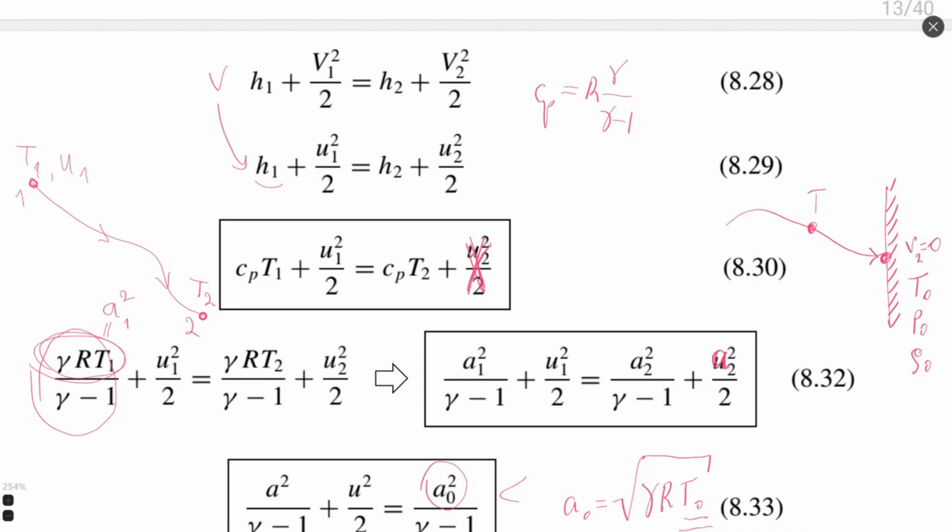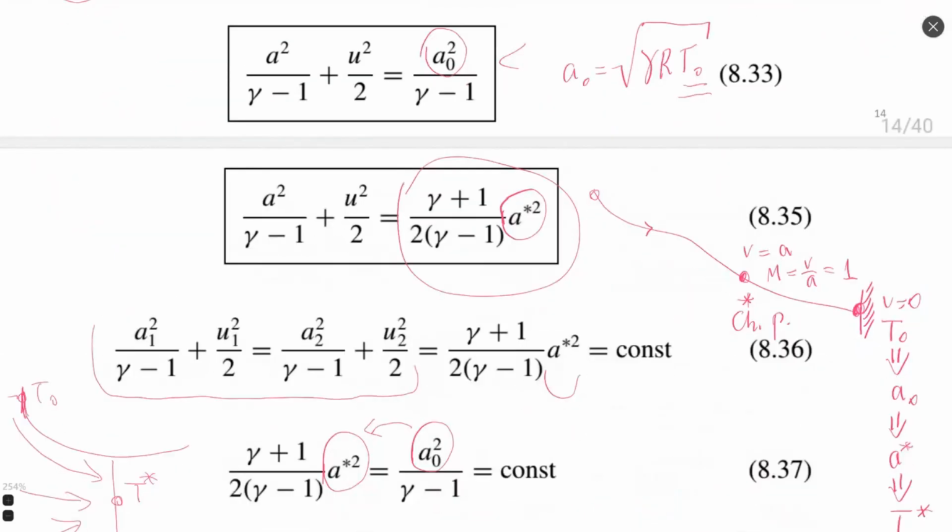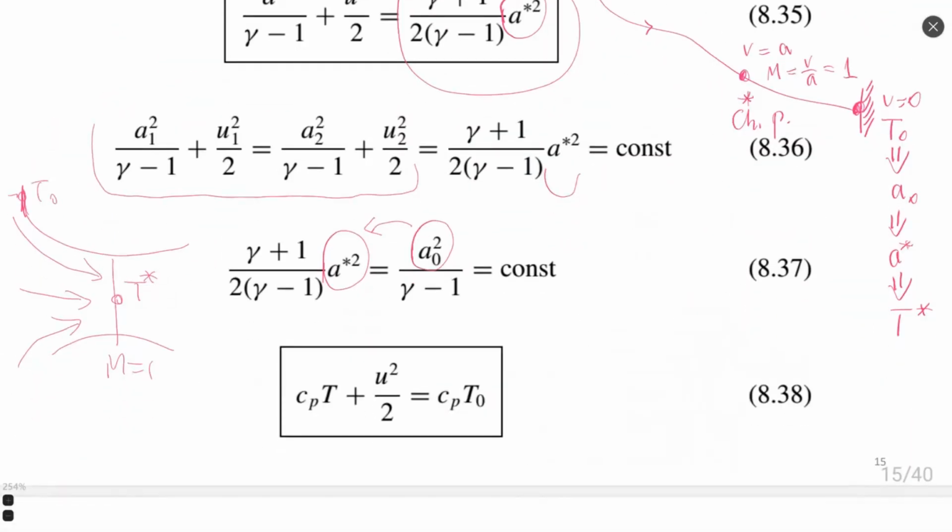Since velocity is equal to 0, temperature 2 becomes temperature 0, so becomes stagnation temperature. And this is equation 38. It is absolutely the same, another form of energy equation.